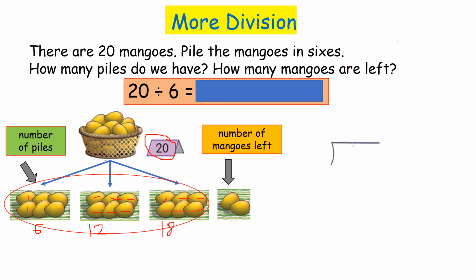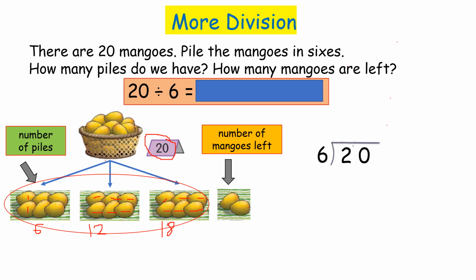This is the symbol of division. And then write 20 inside it, and write 6 outside. So this means 20 is divided by 6.